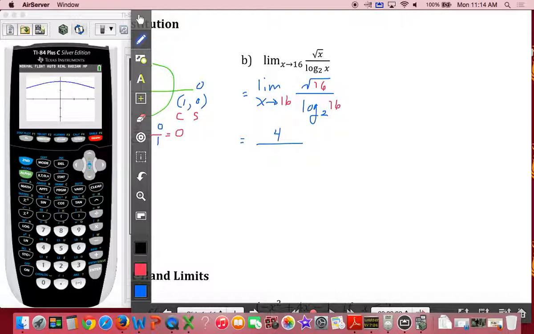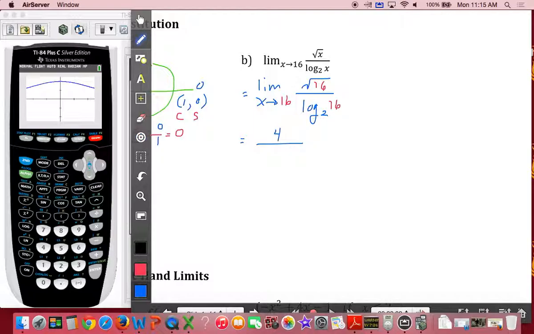4 over, and then before I find the log base 2 of 16, let's write 16 in its exponential form, because if I have this base of 2, can I write this as a power with a base of 2? And why would I want to do that? Because the 2 and a base of 2 here, they're going to cancel each other out, and whatever my exponent is, that's going to be my answer.